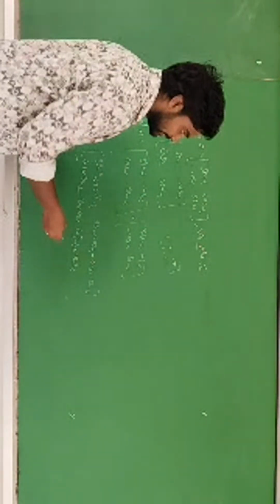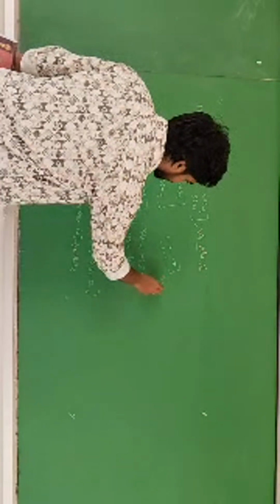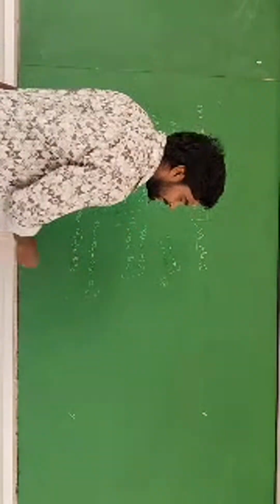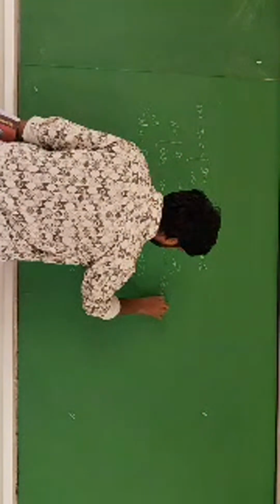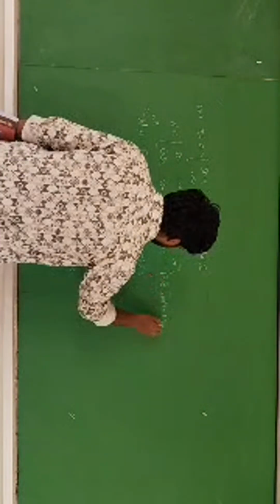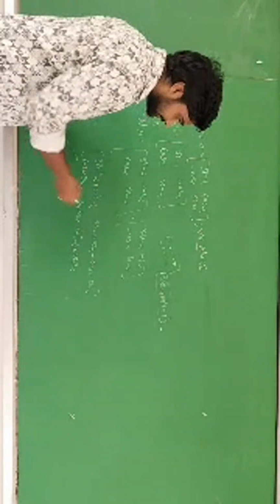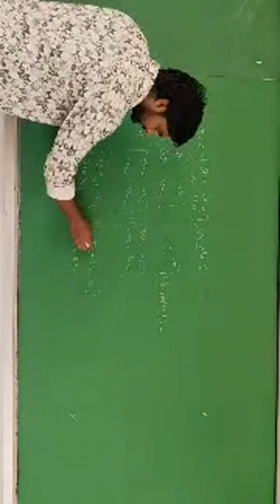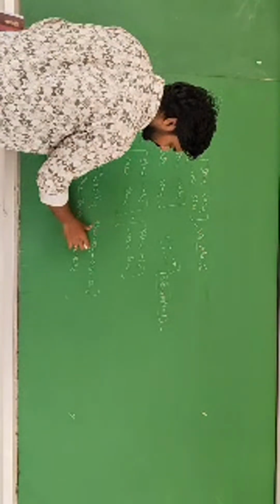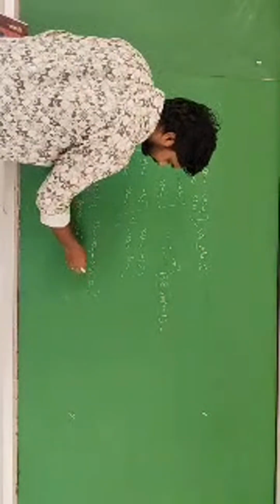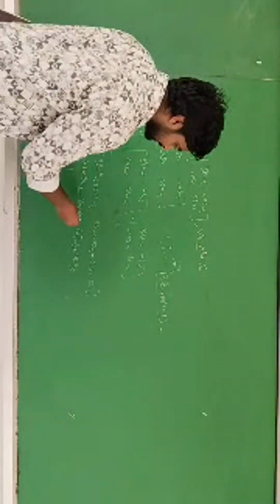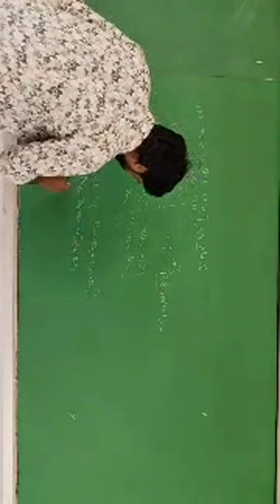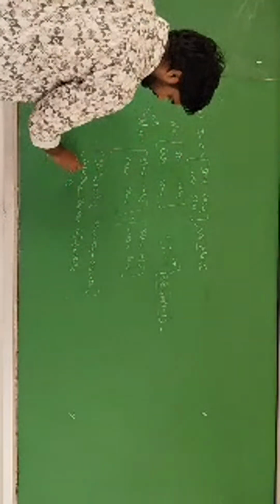We already know the formula discussed in the previous problem: sin square alpha plus cos square alpha is equal to 1. In place of sin square plus cos square alpha, we replace with 1. The terms sin alpha cos alpha and minus sin alpha cos alpha are the same terms with different signs, so they become 0.